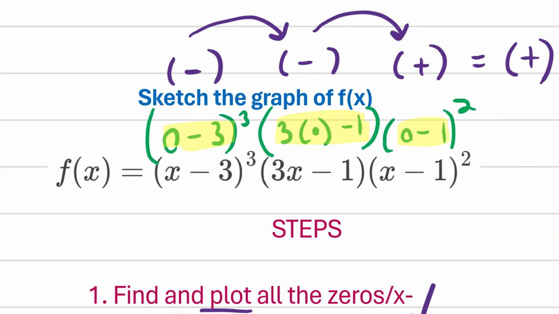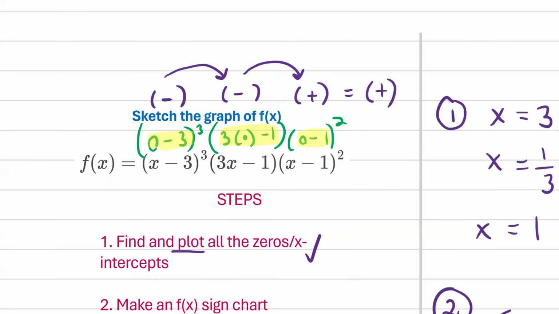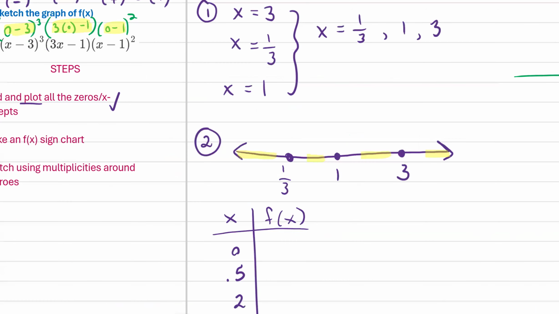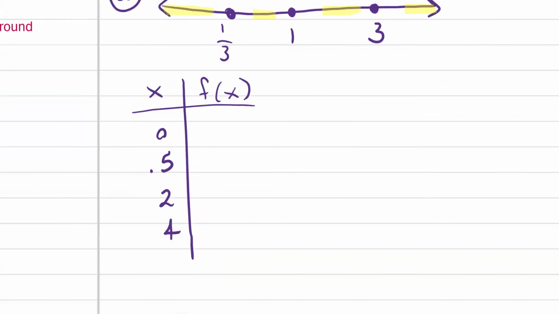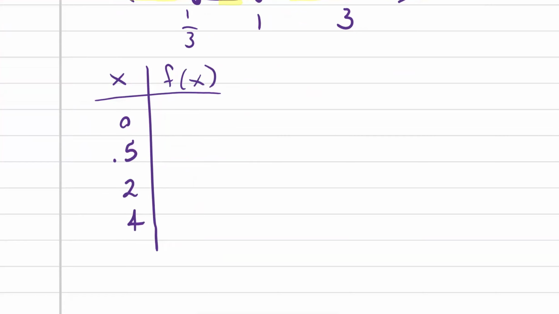So that's how I make my sign charts. Instead of all of this plugging in values, I like to think really in this simplified and reduced way. So that's how I'll create my sign charts here. Let me copy down the function here again. We had x minus 3 to the third power, 3x minus 1, and then x minus 1 squared.